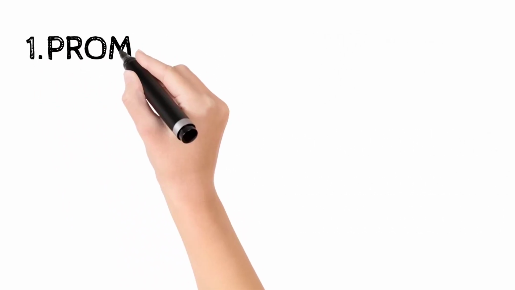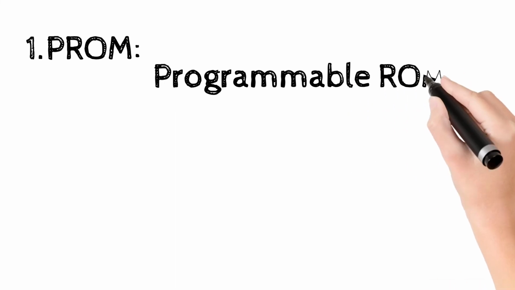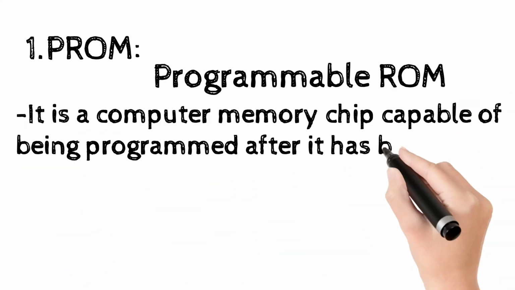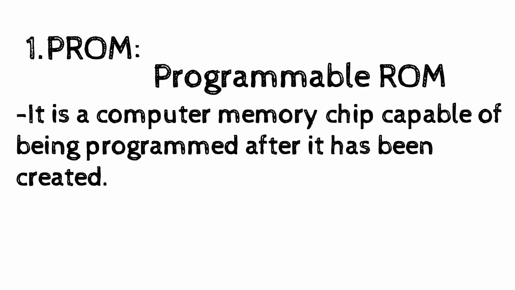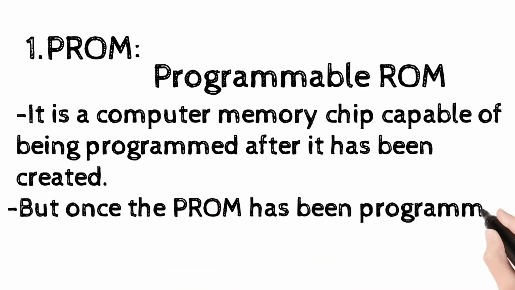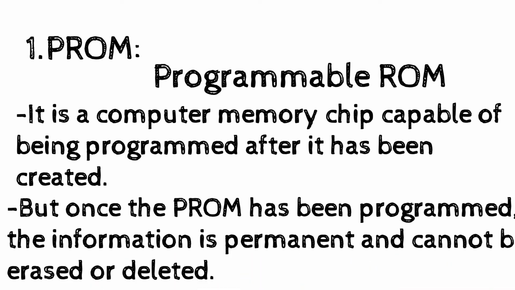First is PROM, programmable ROM. It is a computer memory chip capable of being programmed after it has been created. But once the PROM has been programmed, the information written is permanent and cannot be erased or deleted. PROM helps to update hardware devices.